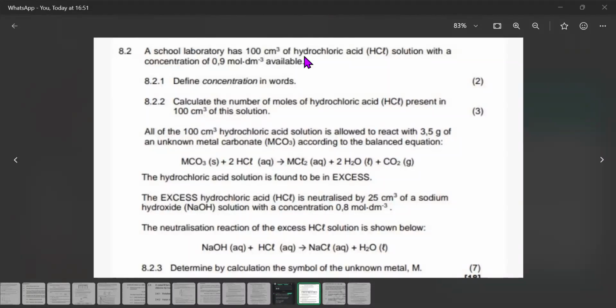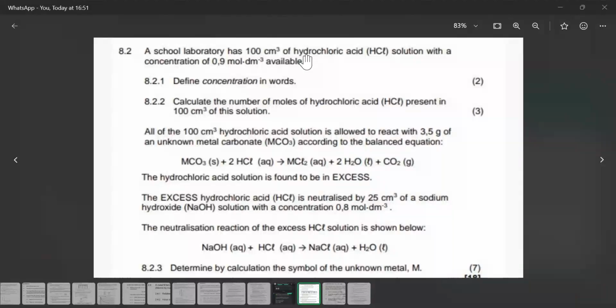Now the question is, what do we need in order to determine the symbol of the unknown metal? What is it that we are actually calculating? That's the big question. Every time in quantitative aspects, when they ask you to perform a calculation in order to identify an element, they're actually asking you to find the molar mass of that element. So how do you find the molar mass?